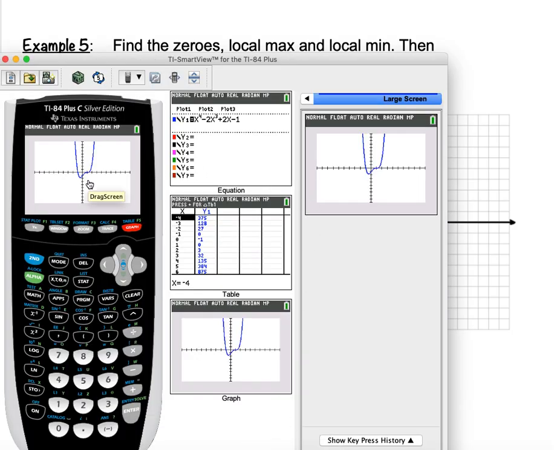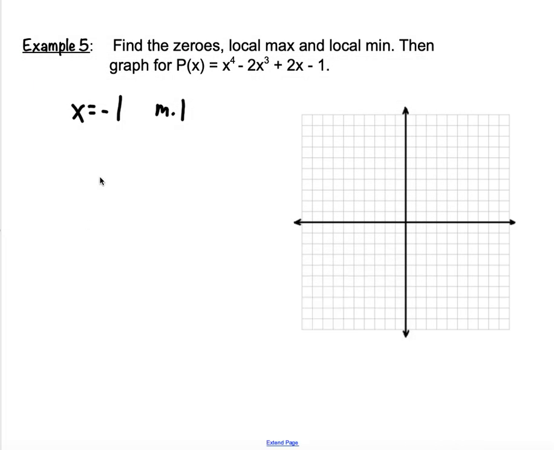At 1 it has a multiplicity of 3. It kind of did that cubic, that squiggly going through that part right there. So that is a multiplicity of 3. And so that does add up to give us a 4.